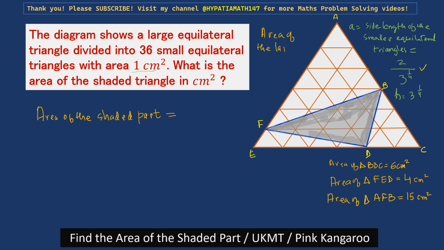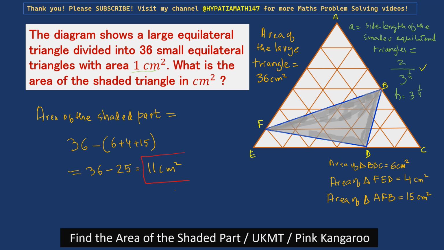So the shaded part would be 36 minus 6 plus 4 plus 15, and that equals 36 minus 10 plus 15 is 25, and that equals 11 centimeters square. And that is the answer, the area of the shaded part.